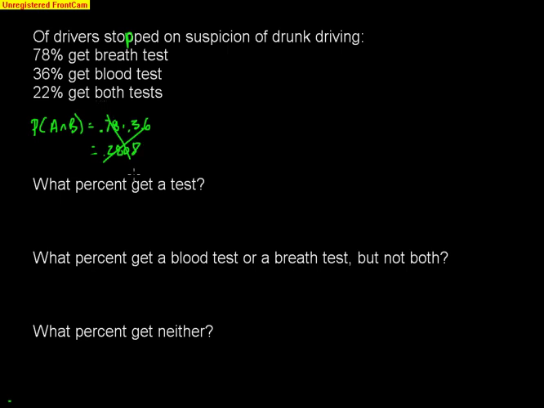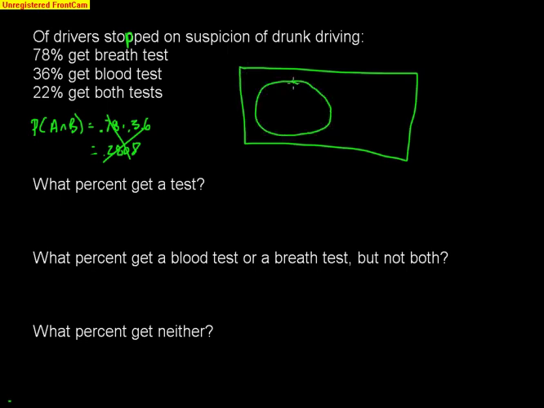So this problem is good if we draw a Venn diagram here. Let this circle right here represent getting a breath test. There is overlap because it said some people get both tests. Let this circle here be blood tests, and I didn't make it bigger on purpose or anything. Now start in the middle. 22% get both tests.